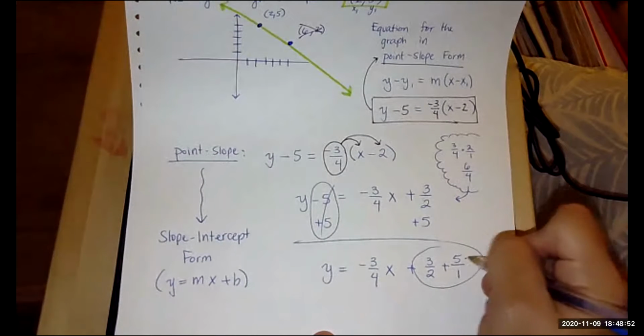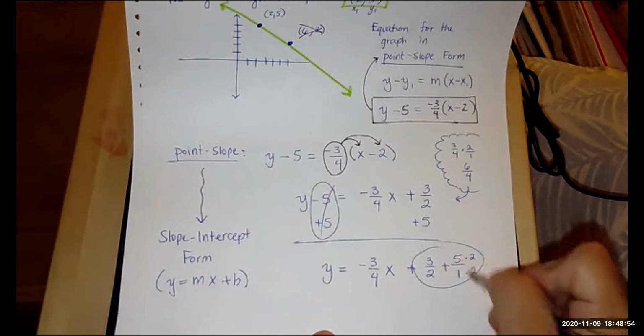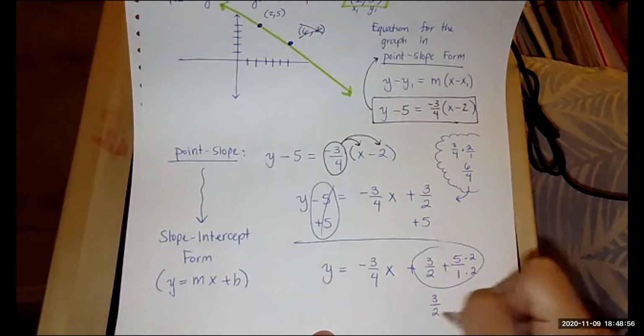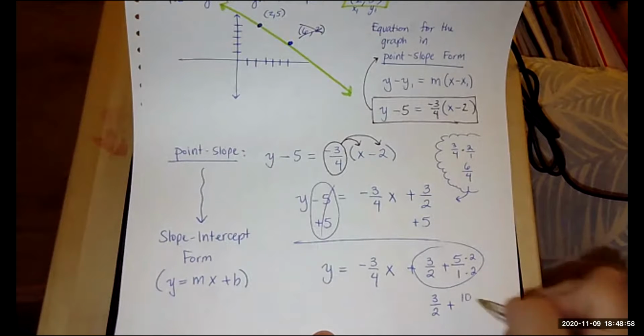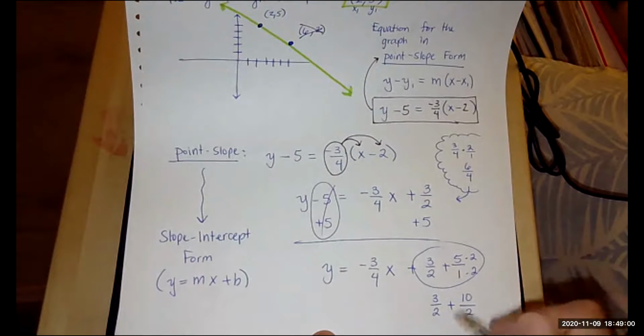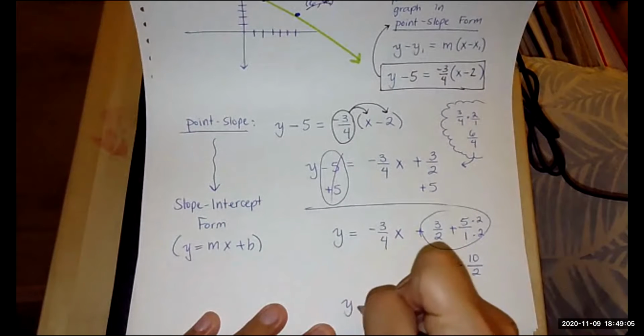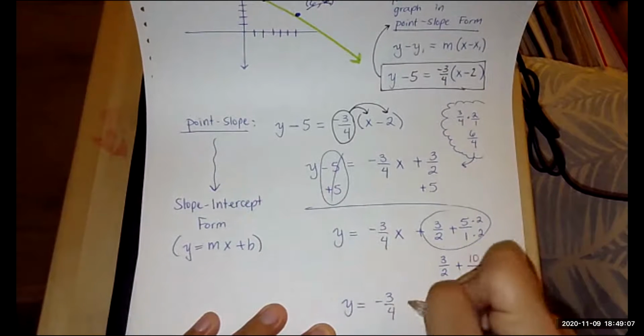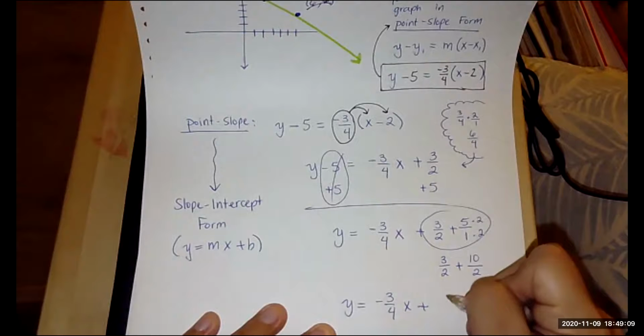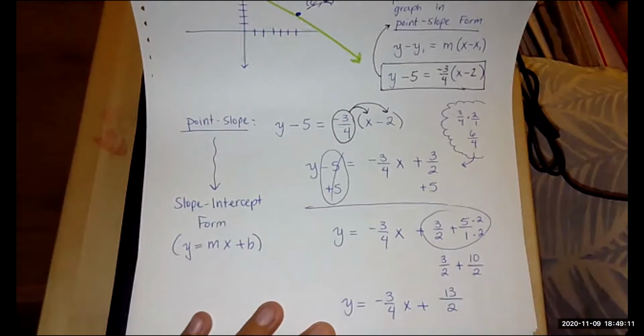Well, if I multiply this by 2 and 2, I can get 3 halves plus 10/2. So that's going to be 13/2. So the equation here would be y is equal to negative 3/4 x plus 13/2.